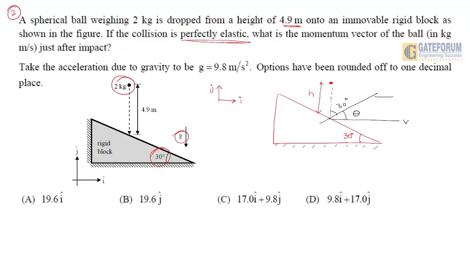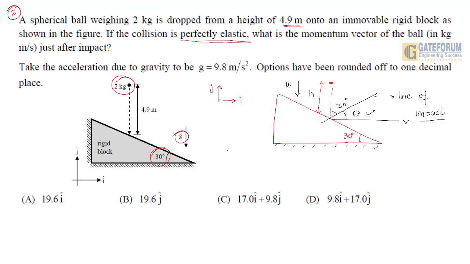This is nothing but the line of impact, making an angle of 30 degrees. Now here let this theta be the angle about the line of impact through which the ball will be moving out. U is the velocity in the vertical downward direction, right? That is the velocity in the downward direction, U.